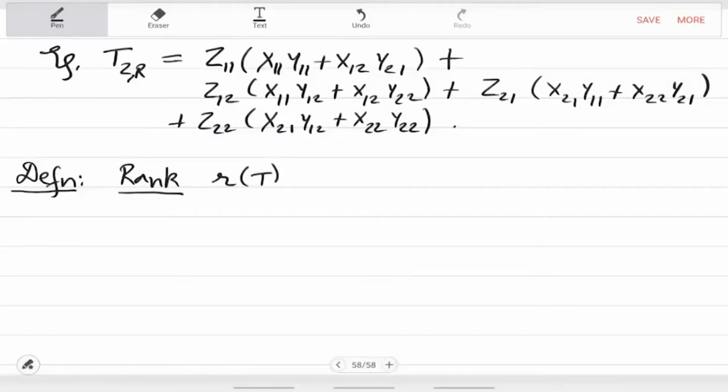I'll give you the formal definition afterwards, but with that in mind, what is an upper bound on the rank of tensor T_2,r? How big can that rank be? Can it be 9? Already by brute force, by definition T_2,r is a sum of 8 monomials, so its rank cannot exceed 8. 8 is the maximum, but you are not sure whether it's actually 8.